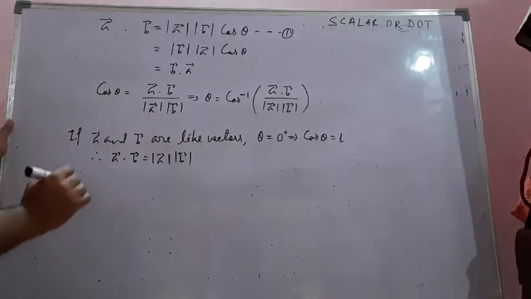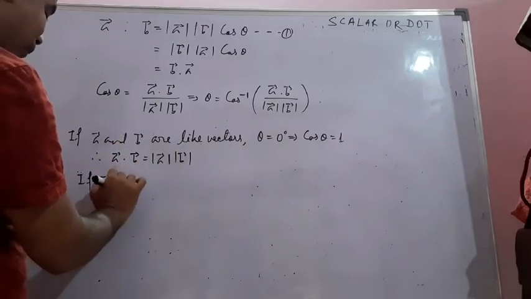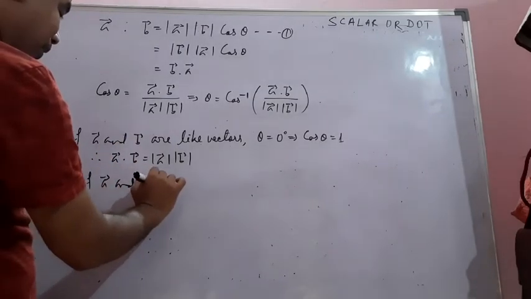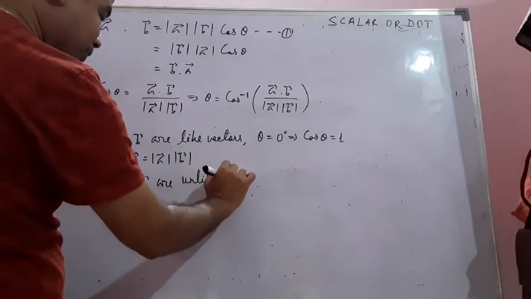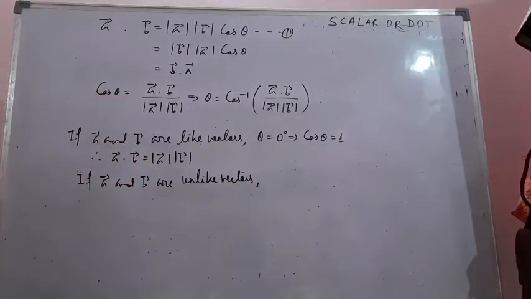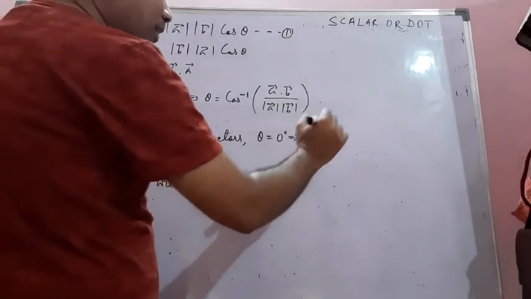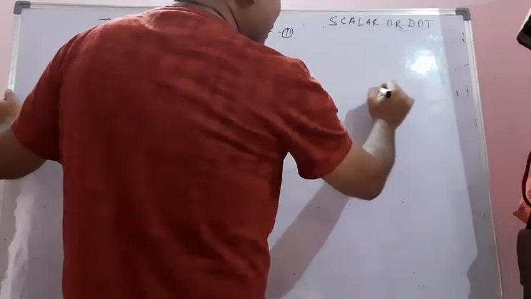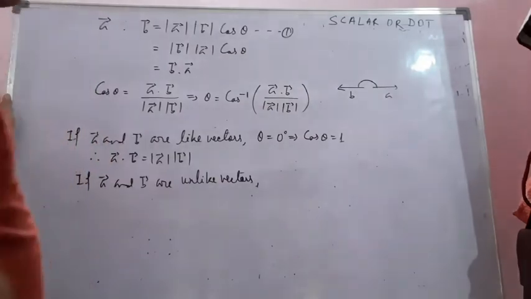Next, suppose a and b are unlike vectors. Remember, unlike and like both are parallel. If parallel and same direction, then like. Parallel and opposite direction, then unlike. The opposite direction means suppose vector a is in this direction, vector b is in this direction. So what is the angle between them? 180 degree.